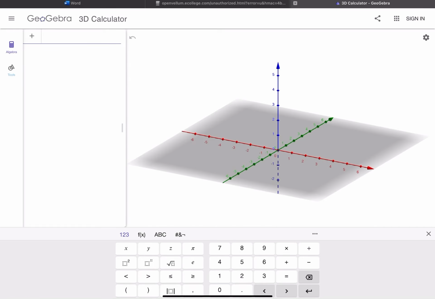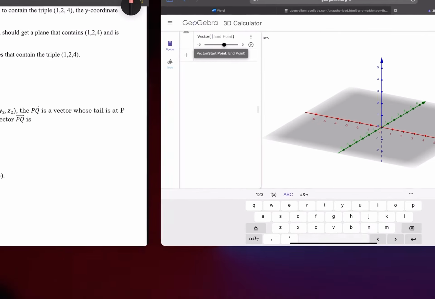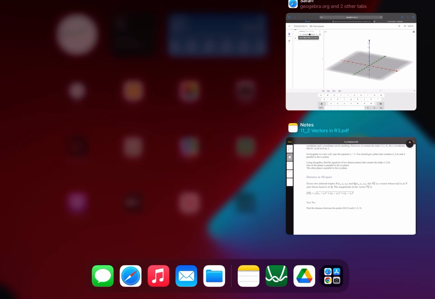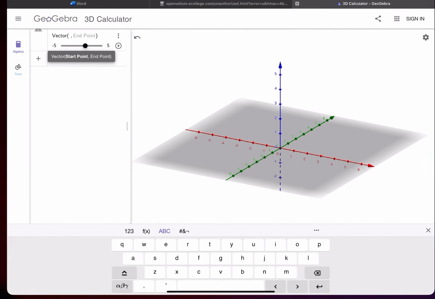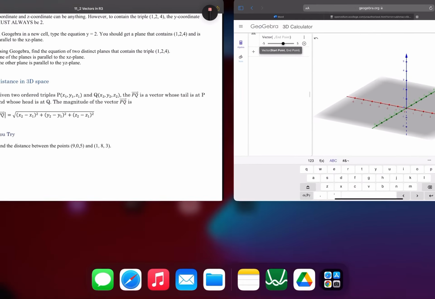To draw a vector in GeoGebra, we type the word vector. The start point is where we want to begin. Actually, we said PQ, right?